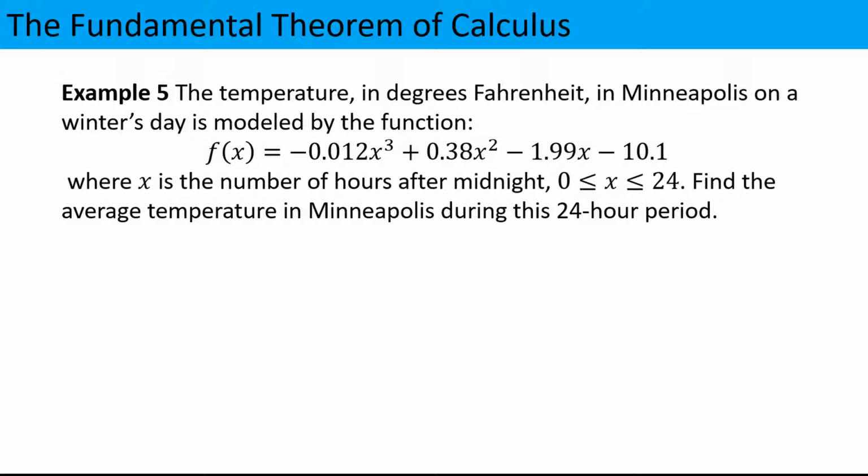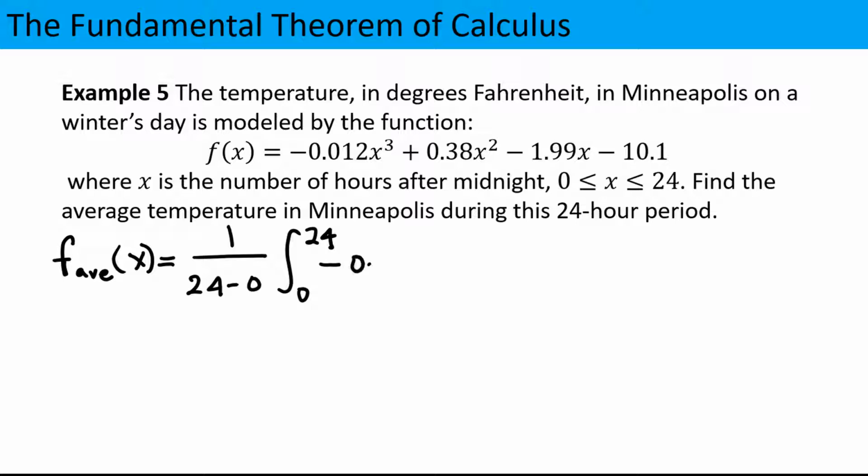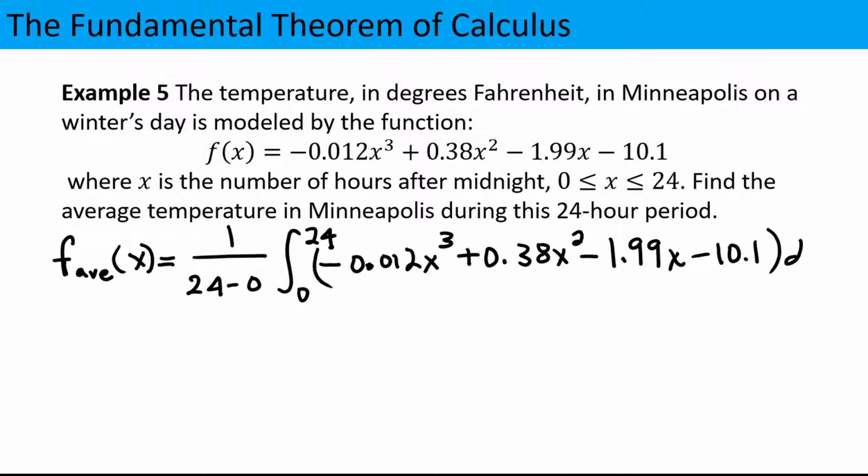So we are looking for the average function with respect to x. That would be 1 over upper bound 24 minus the lower bound 0, integrated from 0 to 24 of the function negative 0.01 x cubed plus 0.38 x squared minus 1.99x minus 10.1 dx.